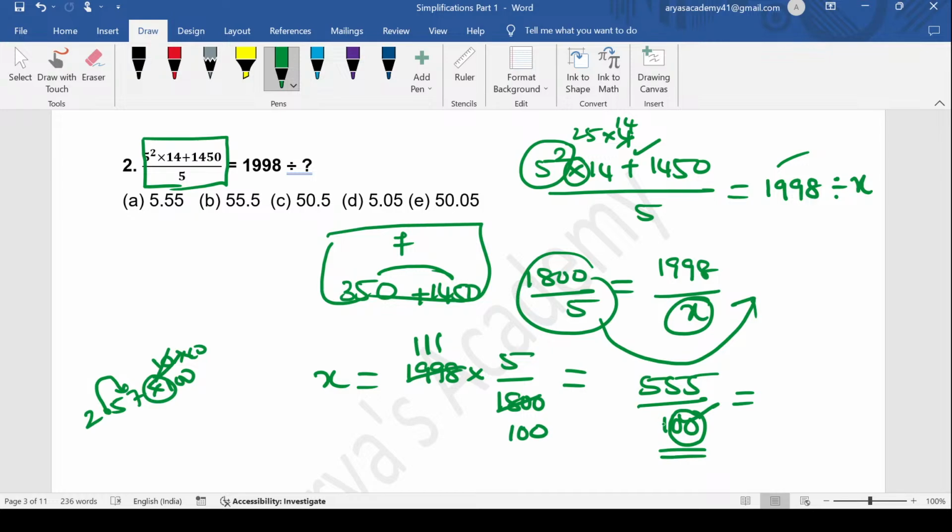When you divide by 100, see how many zeros are there? Two zeros. Each zero is equal to one decimal place. As there are two zeros, we will get two decimal places. So it becomes 5.55. There should be two decimal places, equal to the two zeros present in the denominator. So the correct answer is 5.55, which is option A.